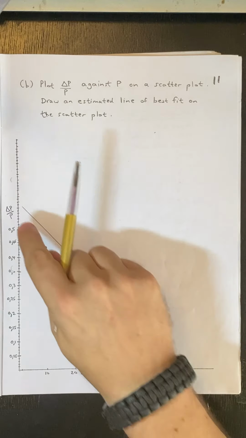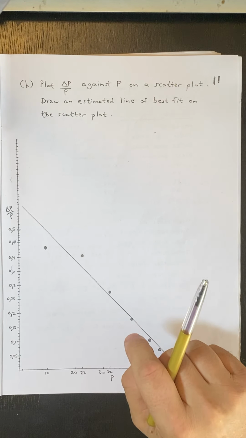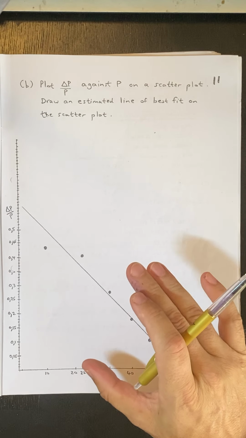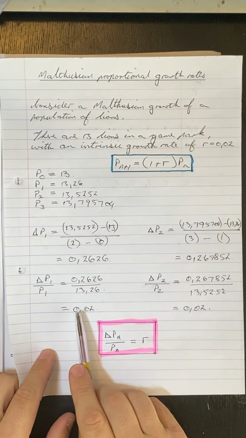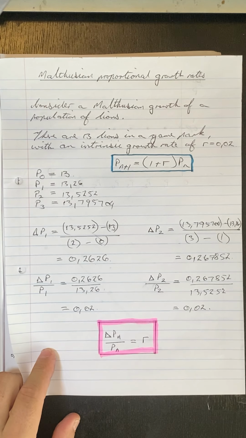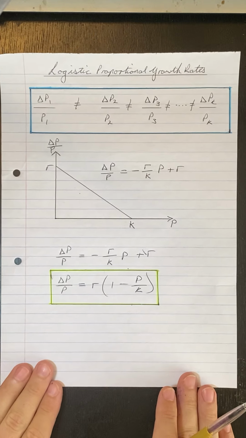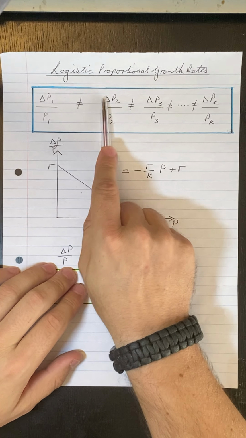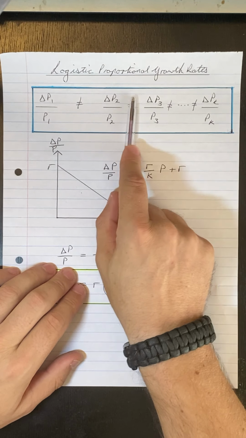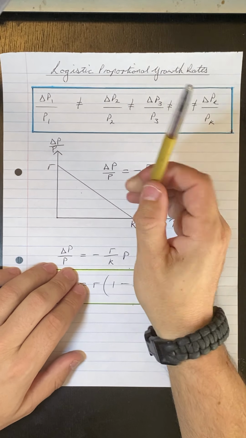So as you can see from this graph, our delta P over P is not going to be equal to some kind of a constant like the Malthusian was. You saw here it was equal to a constant, and we could see that it was Malthusian. So as soon as you get that your delta P1 over P1 is not equal to your delta P2 over P2, etc., you have a logistic model, okay?